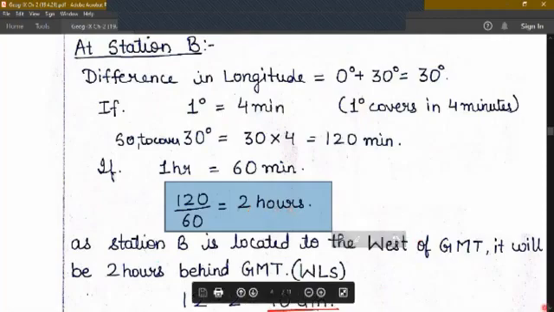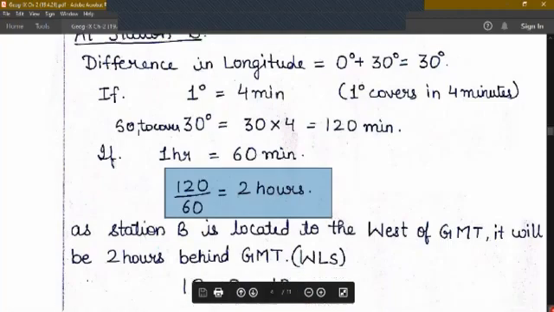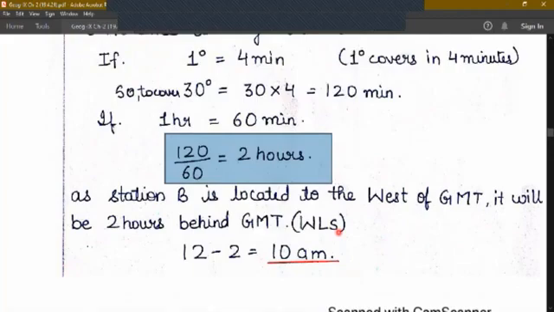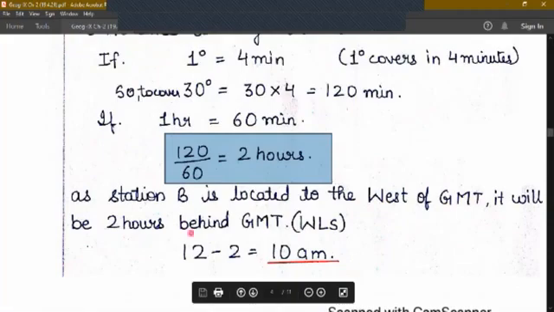So as station B is located to the west, and in the west we subtract, right? WLS. So as station B is located to the west of GMT, Greenwich Meridian Time, it will be 2 hours behind GMT.